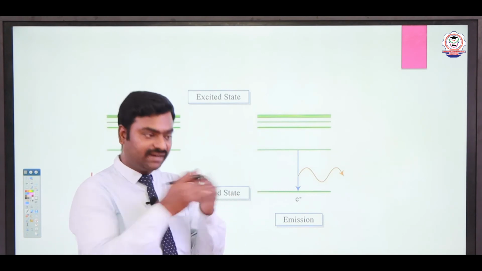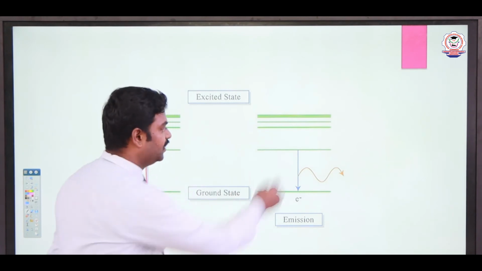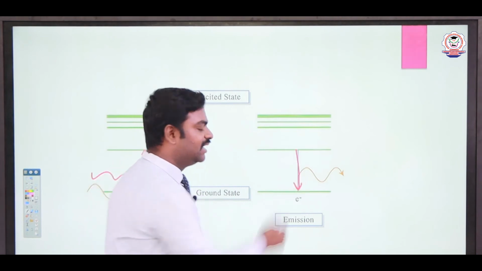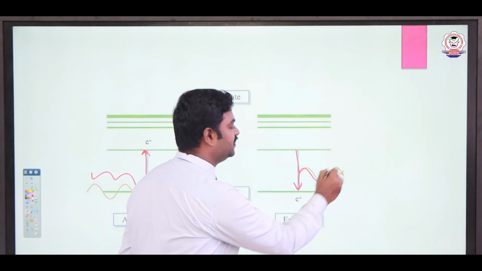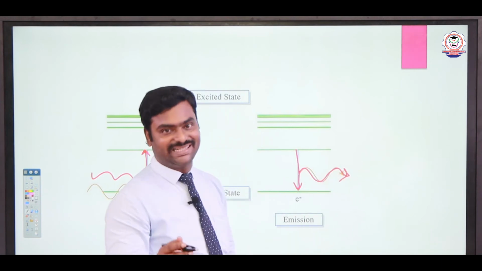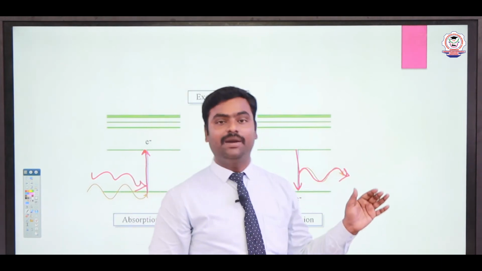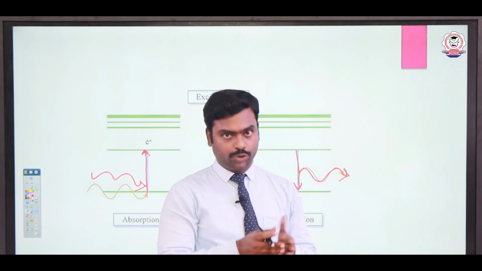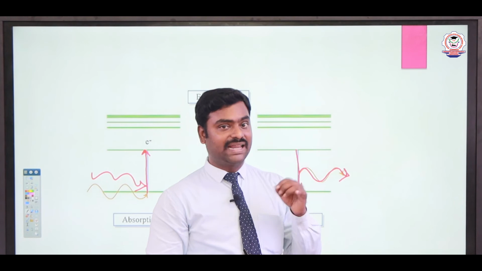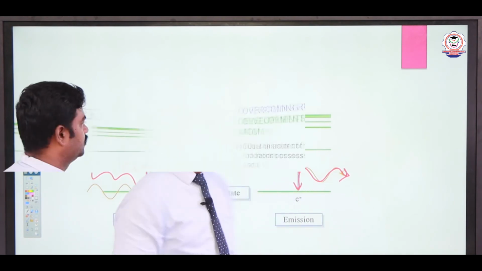It has to return to the stationary state. When it returns from the higher energy state to the ground state, it emits energy in the form of light. This is the observed light we see when we introduce an atom into a flame.